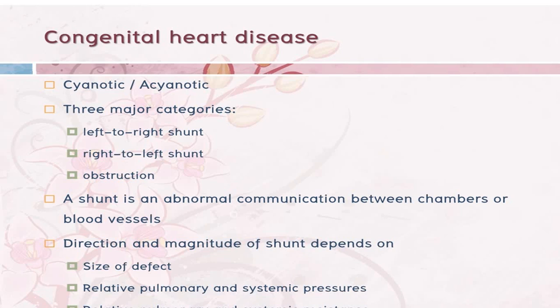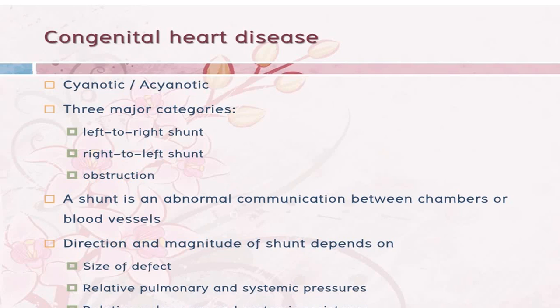A shunt is usually because of an abnormal communication between two chambers or between two blood vessels, and depending upon the size of the defect and the pulmonary or systemic pressure, you will have a shunt.